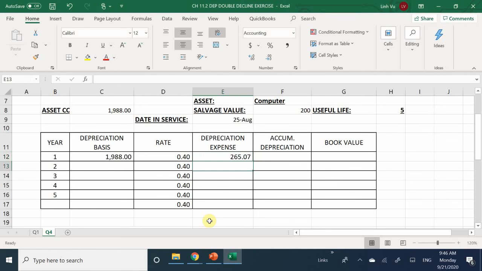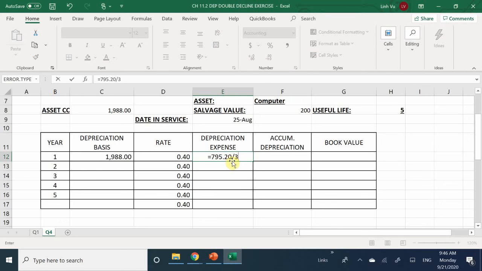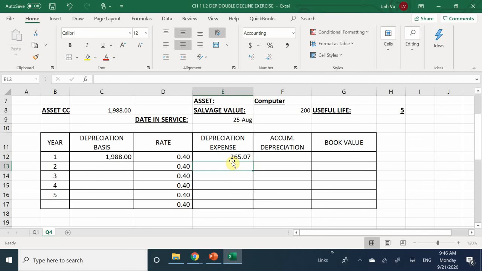If you saw my formula, I went ahead and just multiplied it by 4 and divided by 12. You can do that, or you can also do 795.2 divided by 3 and you still get the same answer.